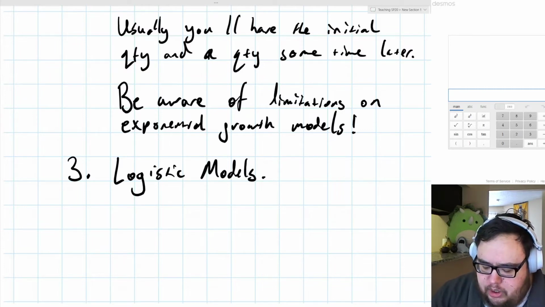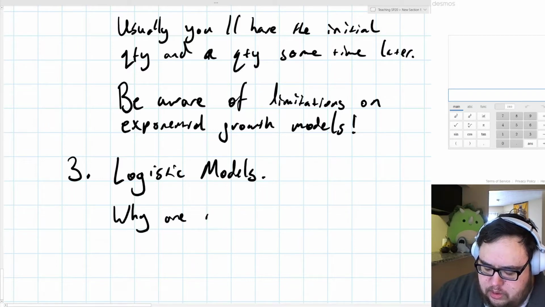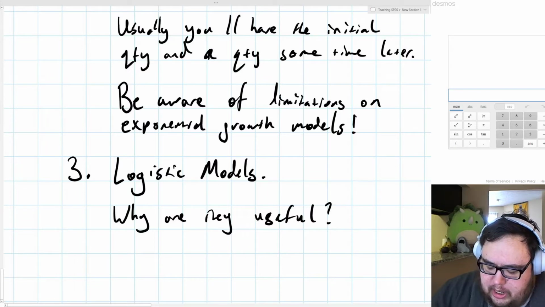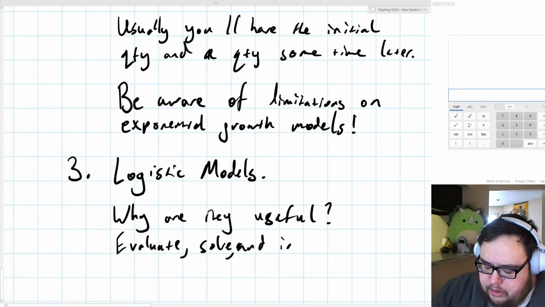So, why are they useful? And be able to evaluate, solve, and interpret a given model.